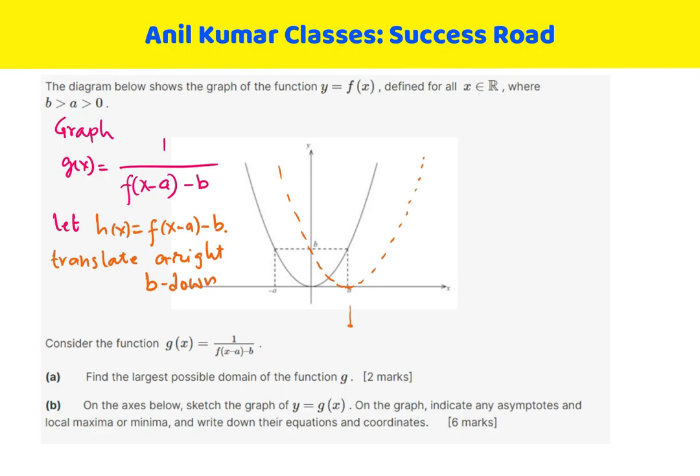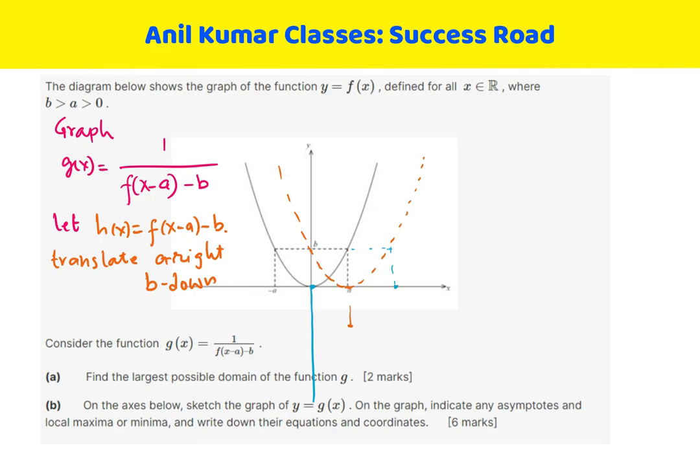Let me just extend the x's. So if I bring all the points down by b units, then you can see that the point here comes down by b, it will be right there, correct? And so this point which was at b will come to this point, correct?